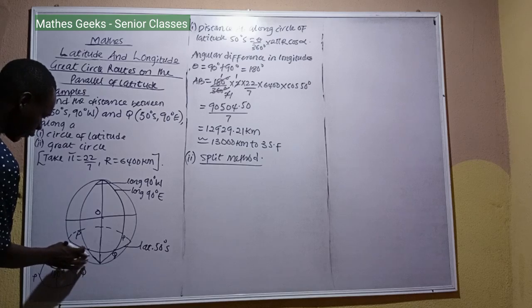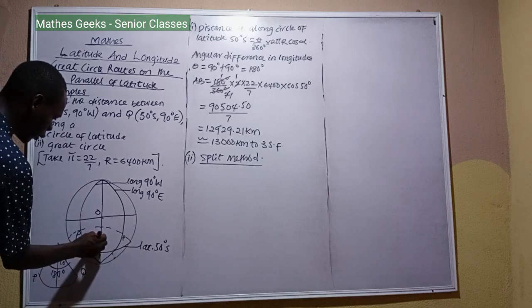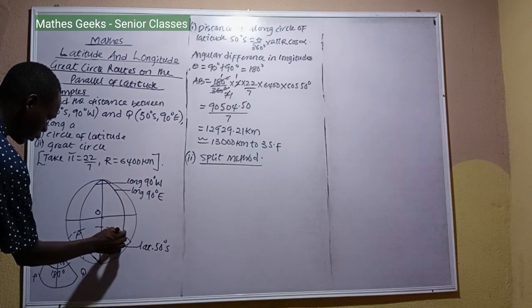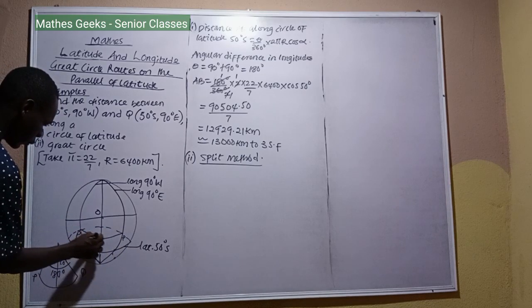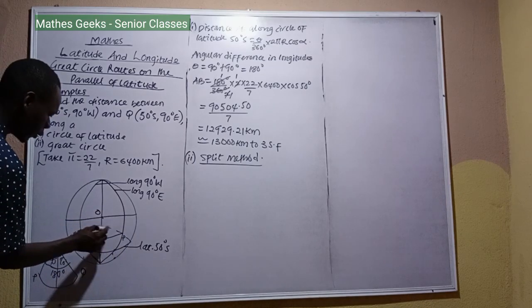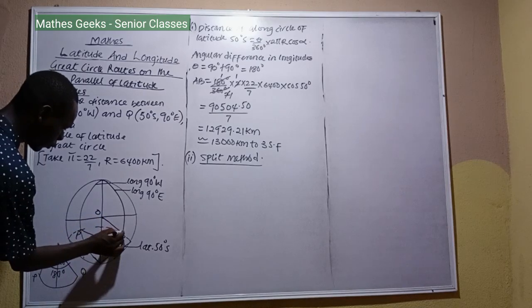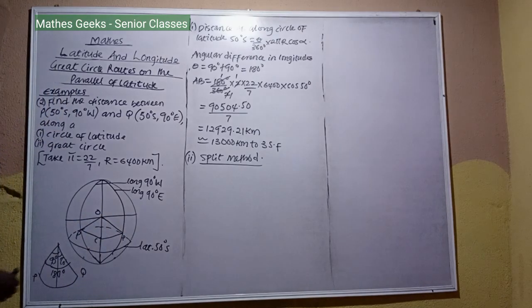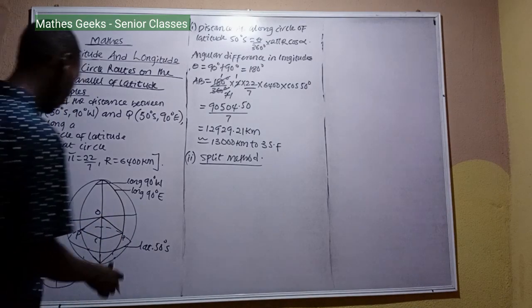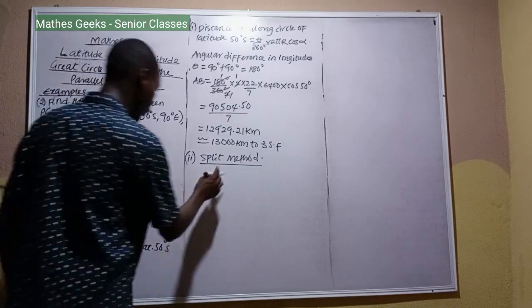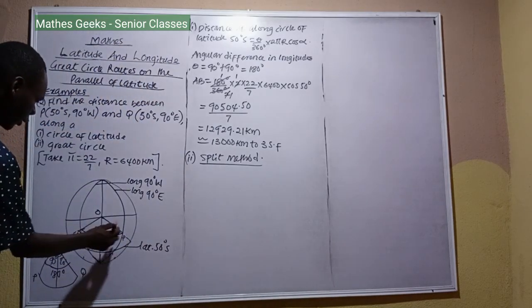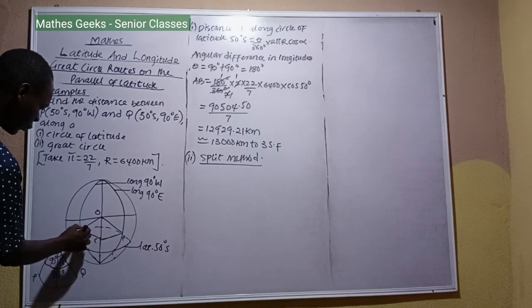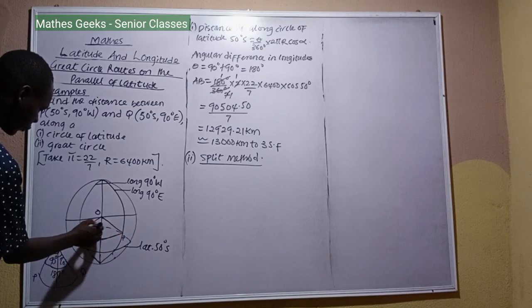It's still the same thing. These are centered from the great circle. So from figure 1, PQ along a small circle is this shape and this arc.